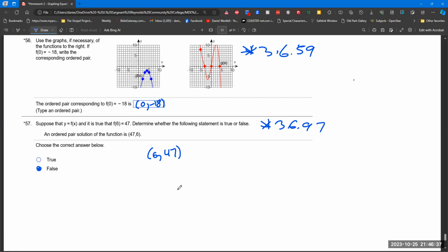But all you need to know right now is that the function name replaces the variable y, and that we show the input value in parentheses next to the function name, and that replaces the x's on the other side of the equation, and that the input and output generate ordered pair solutions.